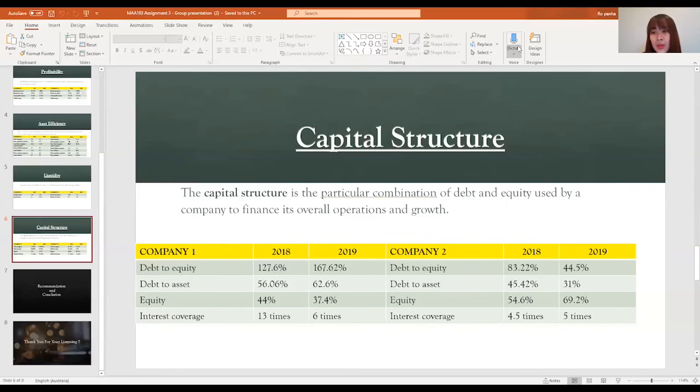And the last one is the interest coverage ratio. In 2018, company 2's interest coverage ratio indicates that profit can cover the interest 4 to 5 times, but looking at company 1's interest coverage ratio in 2018, it is 13 times higher than company 2's.